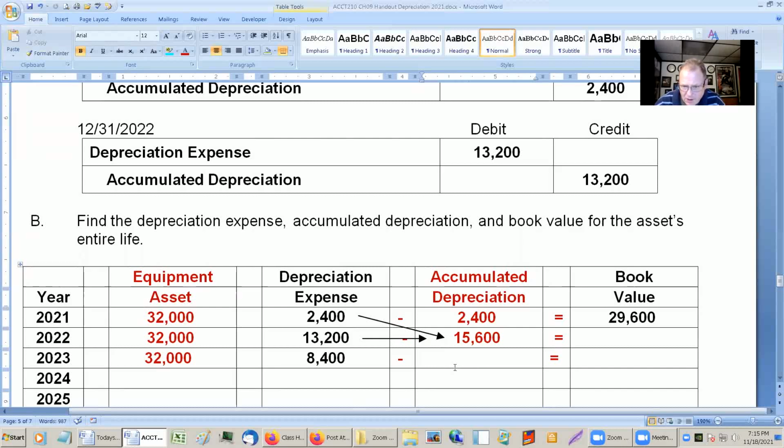No, 16,400. And down here, this will equal 24,000.